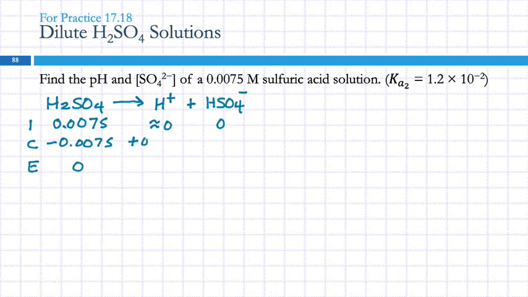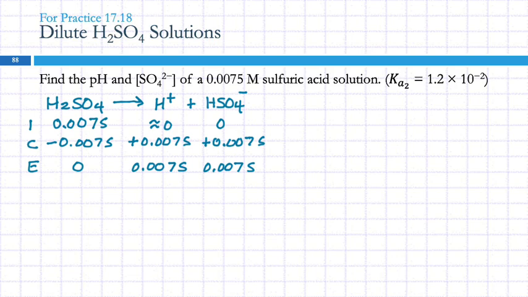This is going to change by plus 0.0075, and this will change by plus 0.0075. And I gained a 0 there. Gotta watch out for stuff like that. Does that make a little more sense? You see how that works?